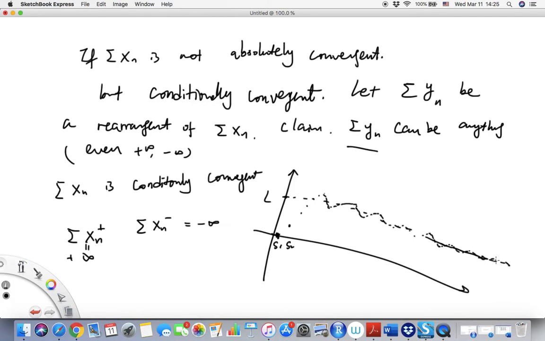You can see it goes to L. So L could be anything, because the positive and negative parts go to positive infinity or negative infinity. That's why you see the absolute convergence condition is absolutely necessary.